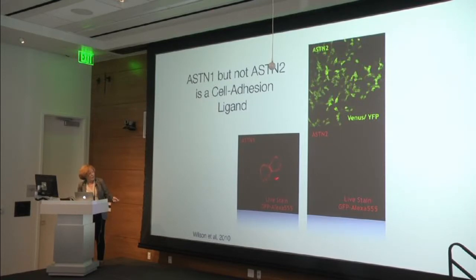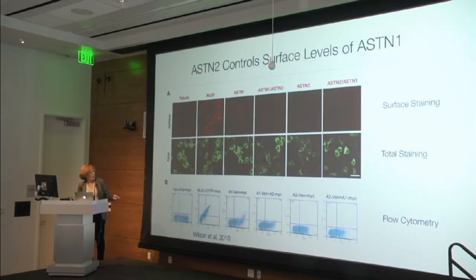This just shows that unlike astrotactin 1, which is a bona fide adhesion molecule, astrotactin 2 is in the membrane, but not in the cell surface. So the last little bit I'll show you about this is if you use flow cytometry, you can say, well, what happens as you change the stoichiometry of astrotactin 1 to 2? Is there any point of 2 versus 1?